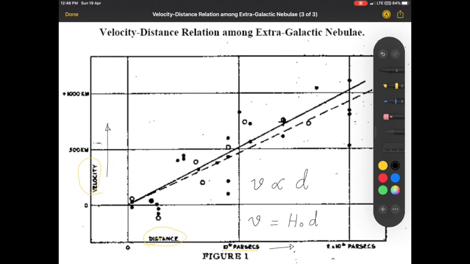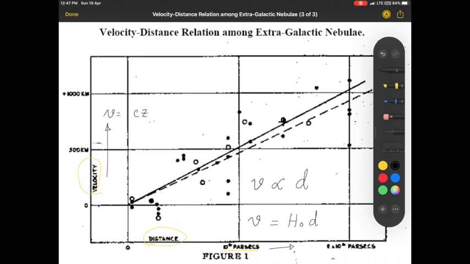The velocity is inferred, so the velocity is inferred as c times z. And when he plotted for all these nebulae, so these circles and points are all nebulae, don't try to ask the question at this level, what are these filled circles and open circles, why there are two lines, etc. This plot has historical importance, but the present day plot will look quite different.